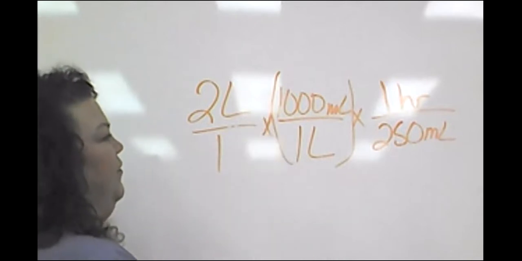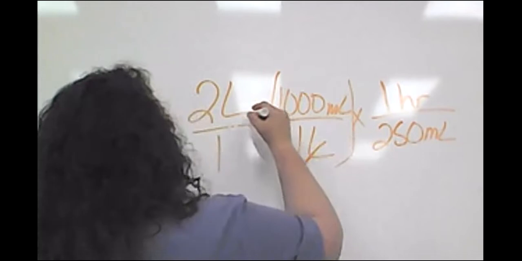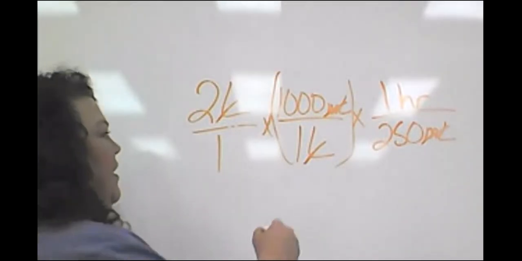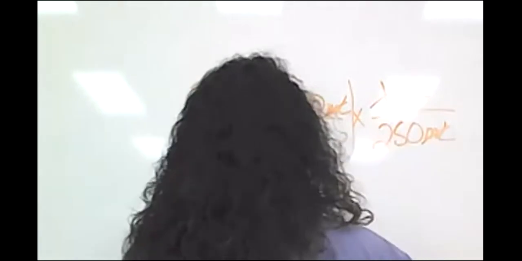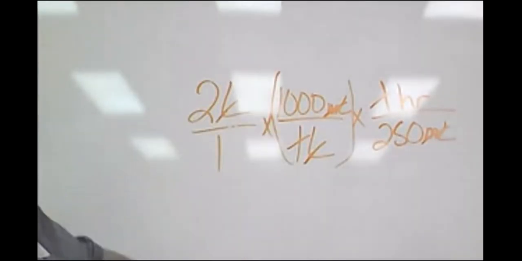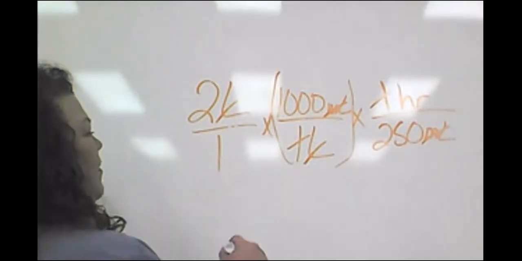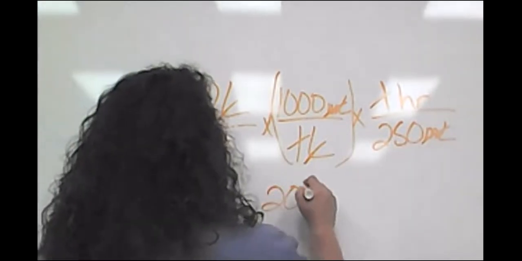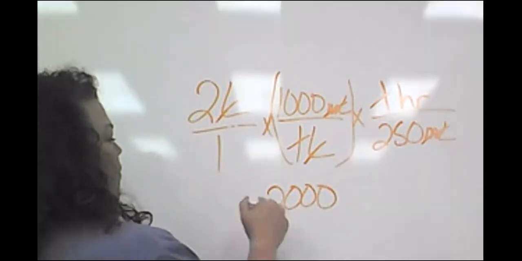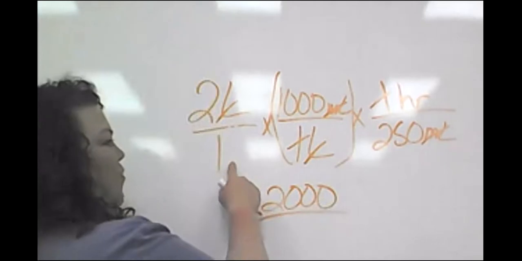So next thing we need to do is cancel out our like units. So we can cancel the liters, we can cancel the mLs, and we can cancel like numbers, as I was just mentioning in the last one. Here we have a 1 liter, we can lose the 1 for that. So that leaves me with 2 times 1,000 for the numerator, which equals 2,000. And then for my denominator, I'm left with 1 times 250.